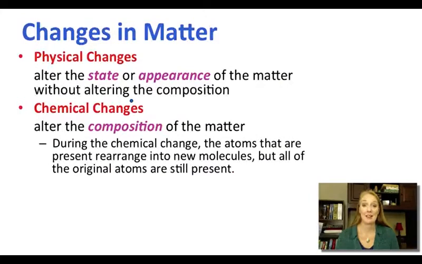The world around us is dynamic, and matter doesn't always stay the same. In the next video, you'll see demonstrations of both physical state changes and chemical changes that affect the composition of matter. In a physical change, the state or appearance of the matter alters, but the composition of the matter doesn't change. An example of that you've experienced is solid ice melting to make liquid water.